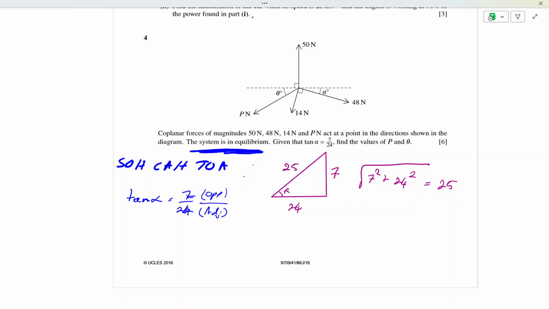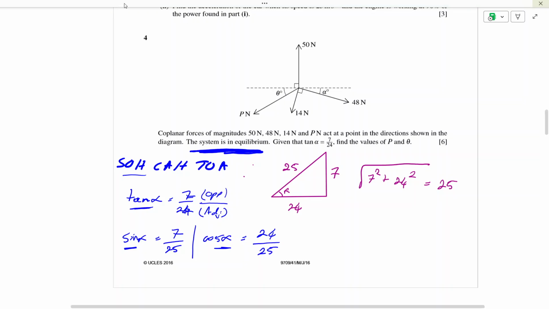That's how I come up with the other trig ratios. That means our sine alpha is going to be equal to, from our SOHCAHTOA, opposite 7 over the hypotenuse 25, and our cos alpha is going to be equal to the adjacent 24 over our hypotenuse 25. You see, we're going to need these trig ratios, right?